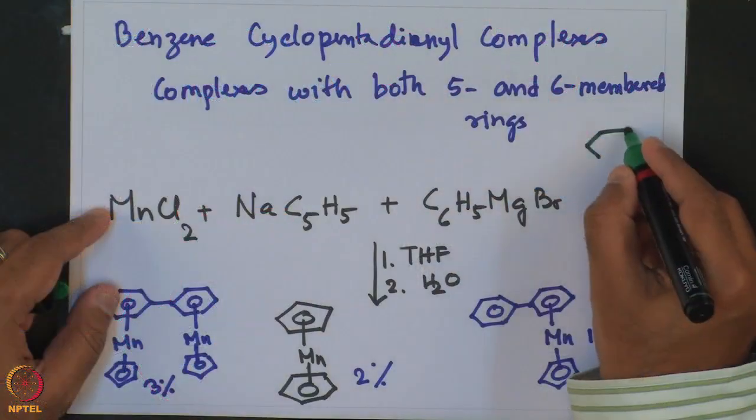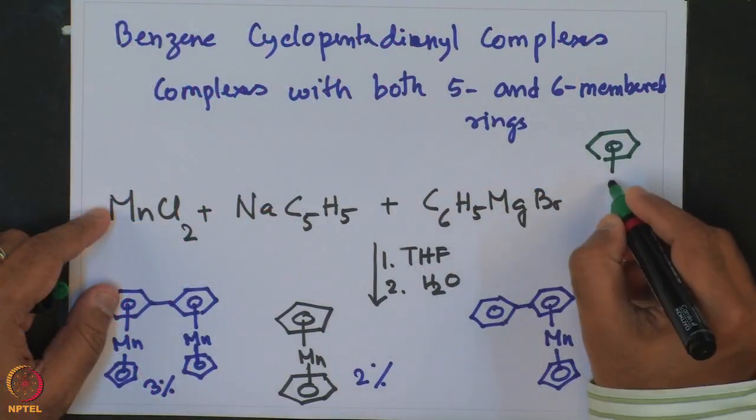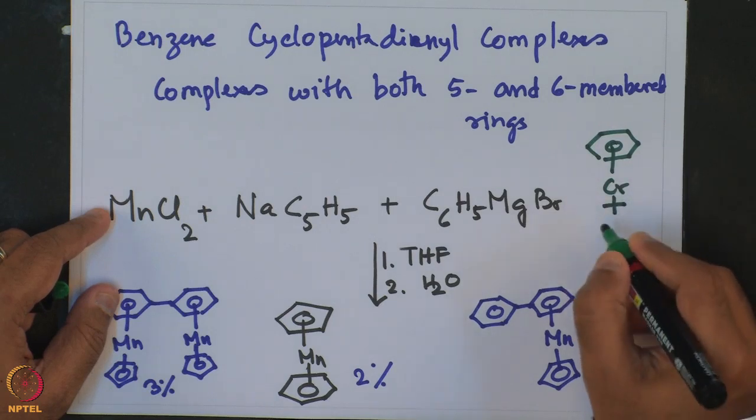these reactions can also be used for making the chromium complex, but here also the corresponding chromium complex by the same method which gives benzene chromium cyclopentadienyl.